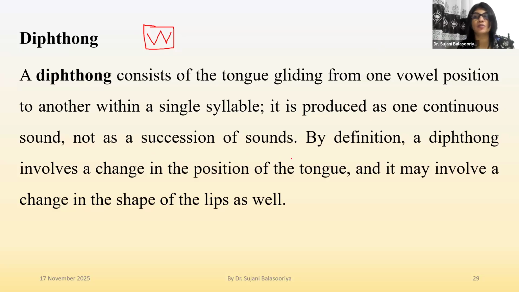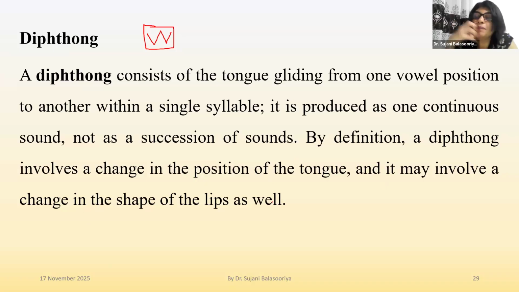So there's no pause, one and a little bit of pause and then the other one. If you do so, then both would be two separate monophthongs, not a diphthong. So by definition, a diphthong involves a change in the position of the tongue, and it may involve a change in the shape of the lips as well.